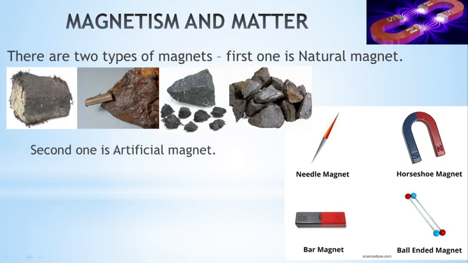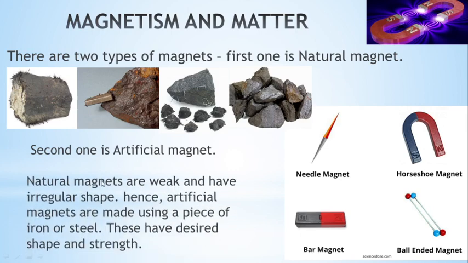Natural magnets are present even though we have prepared artificial magnets, because there are two reasons. The first one is the natural magnet has very weak attractive property, and the second reason is the natural magnet has no definite shape.